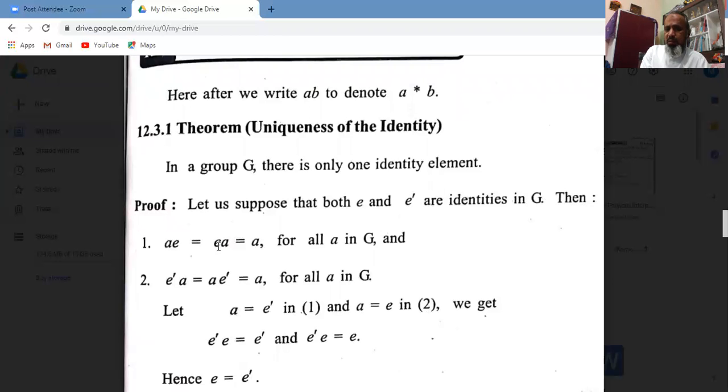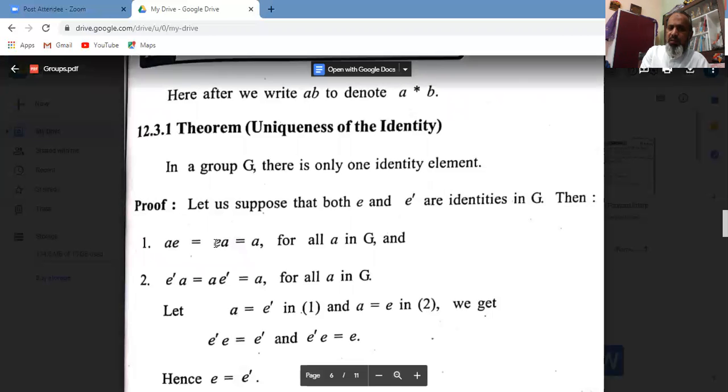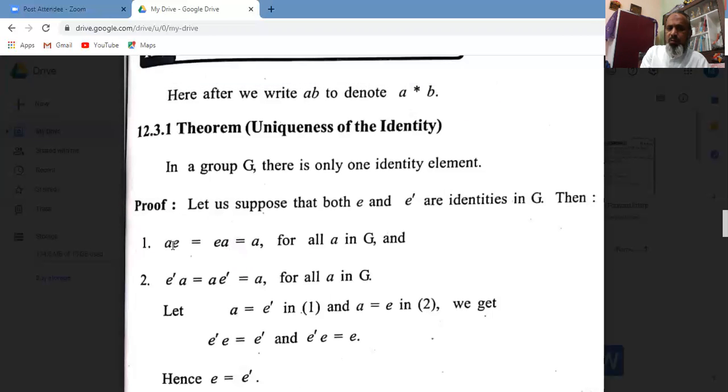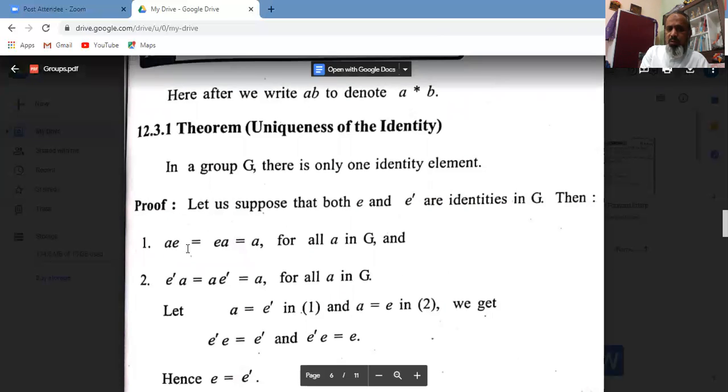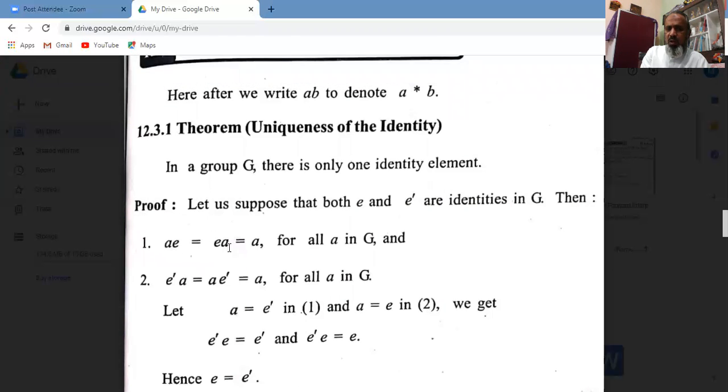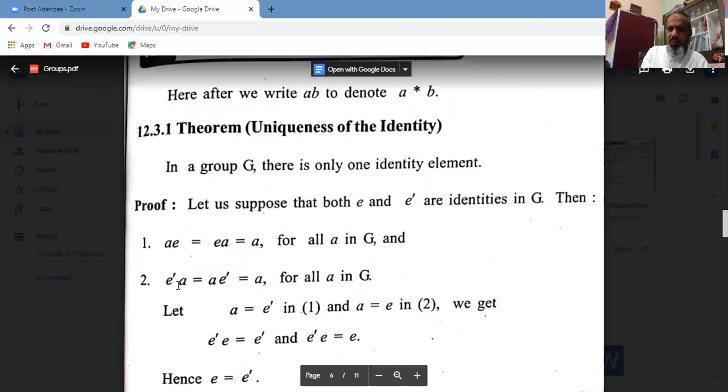Since E is an identity element, we take an element A in the group G. So if A belongs to G and E is the identity element, then A into E, by closure property and identity element property, A star E is equal to E star A is equal to A. Similarly, we have assumed that E dash is also an identity element.